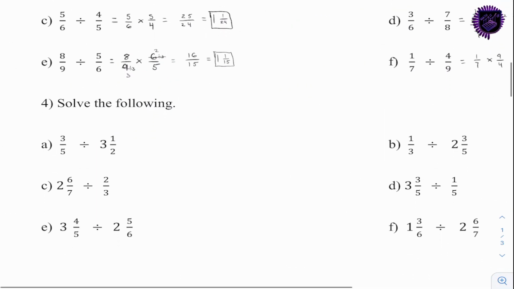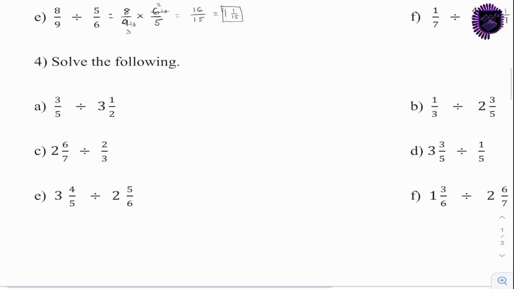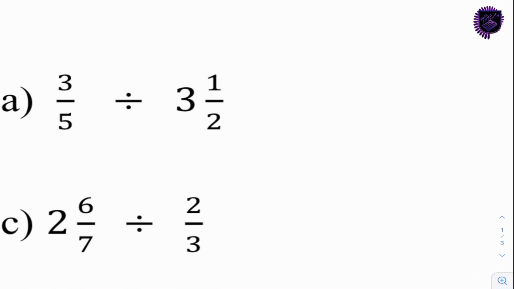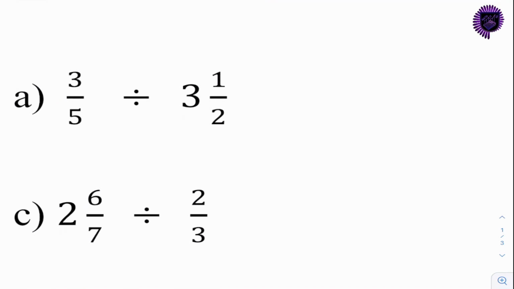All right, let's move on to 4A. Now we have some mixed numbers involved. We're going to have to convert our mixed numbers into improper fractions, and then flip and then multiply. So we're going to multiply 2 and 3, which is 6, plus 1, which is 7.